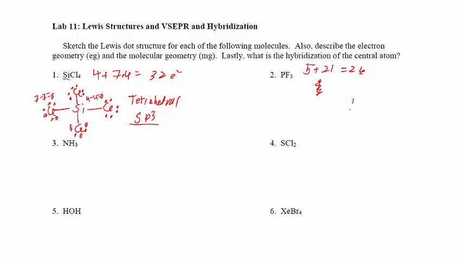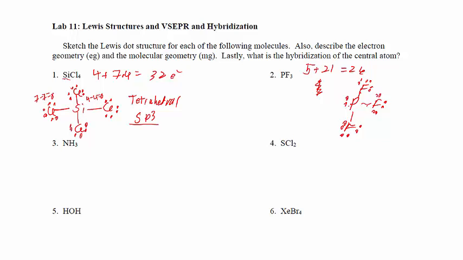So I have phosphorus, fluorine, fluorine, fluorine, like that, and you go 2, 4, 6, 8, 10, 12, 14, 16, 18, 20, 22, 24, and 2 on the phosphorus is 26.